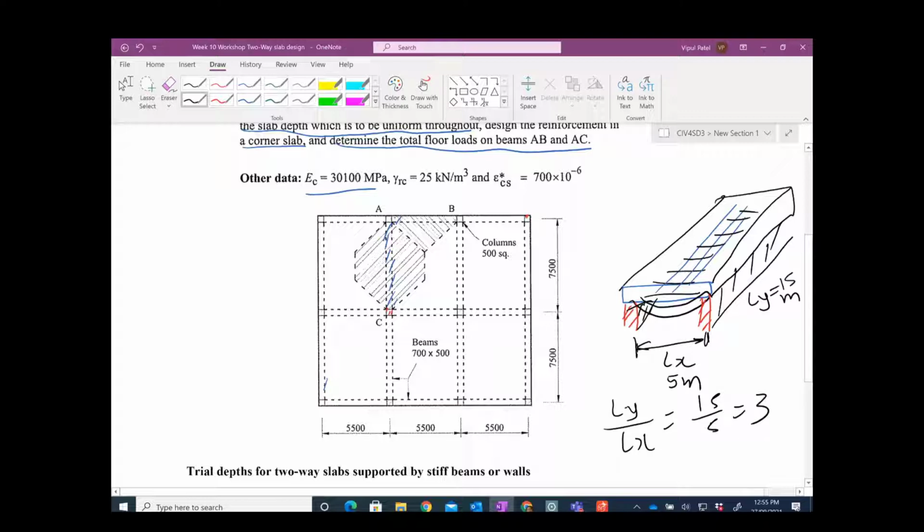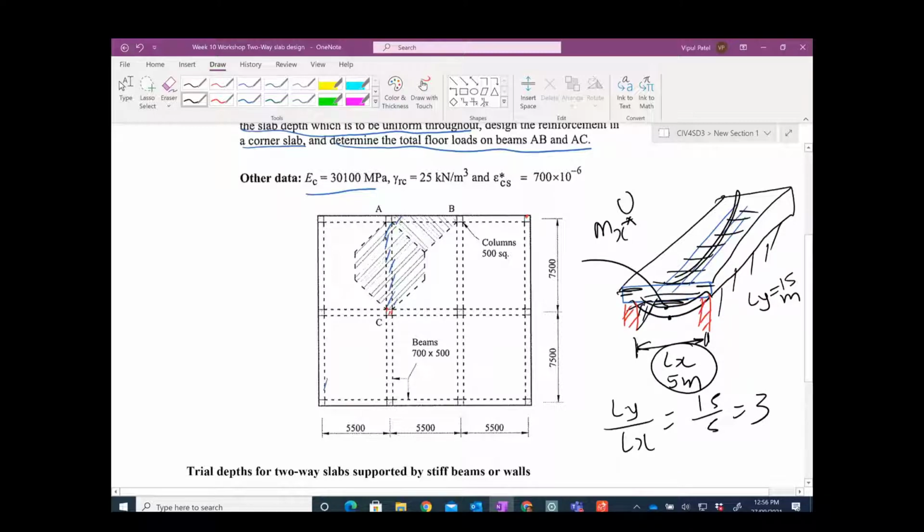Typically this is the case in the one-way slab, where the edges are supported on two sides only, and you have bending on one side only. You don't have bending on these sides because the edge is supported. So that is dominated by one side only, and we just calculate for Lx. We get the positive bending moment, Mx star, the negative bending moment. Here we provide bottom reinforcement, top reinforcement, and so on.